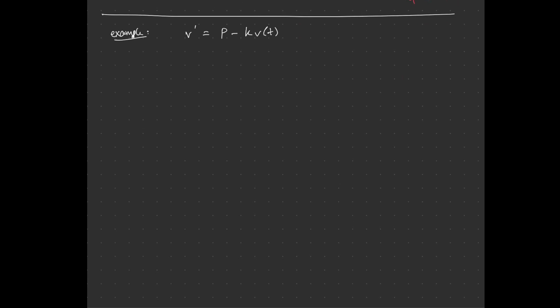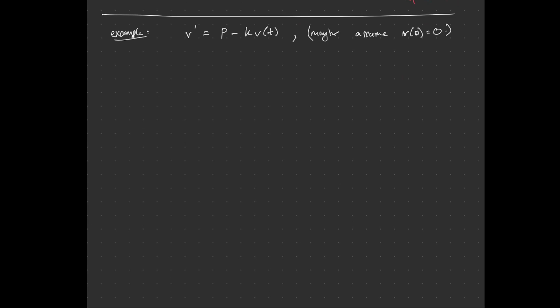And what we can do, maybe assume that v of 0 equals 0, even though we know this doesn't really fit the data that we have, just to simplify things if we solve the IVP. But really I want to go after the general solution here.